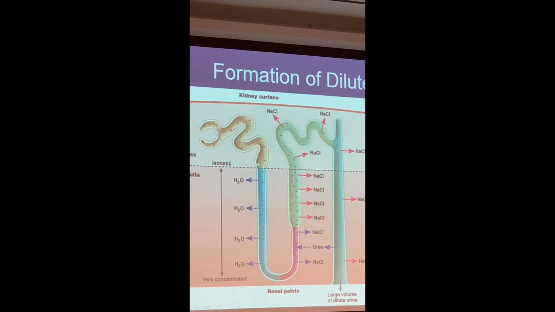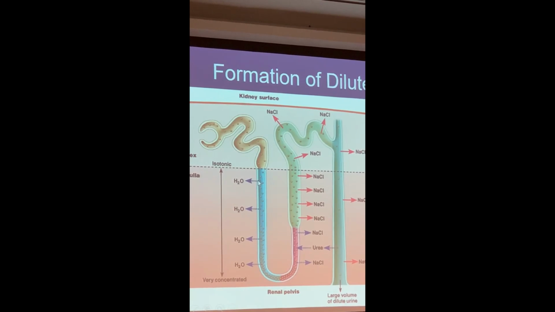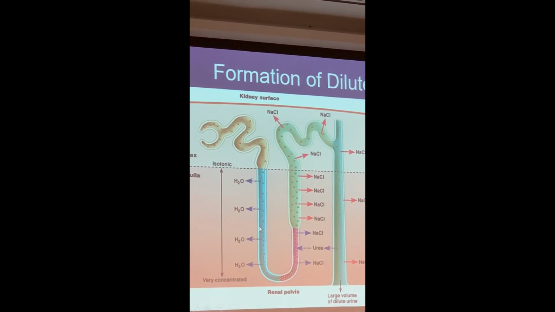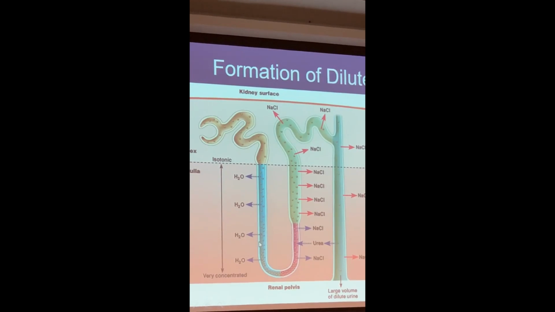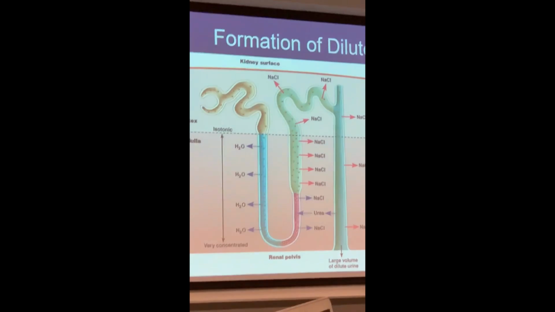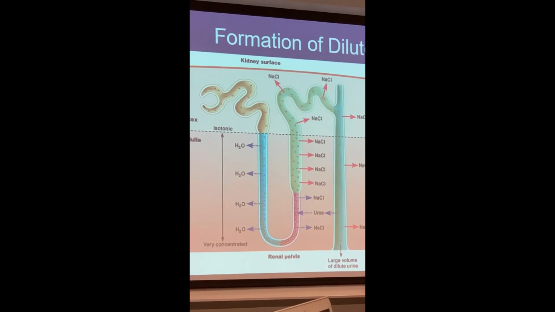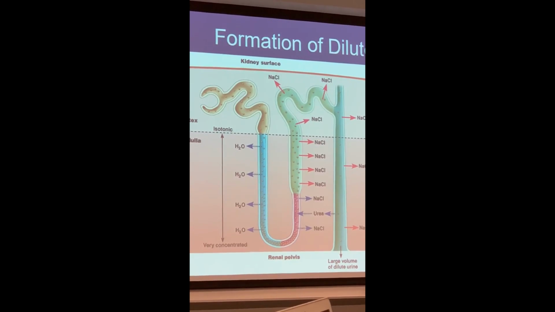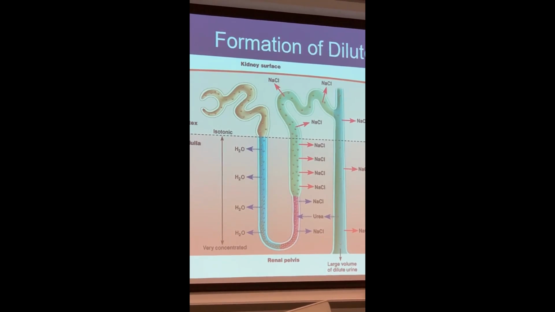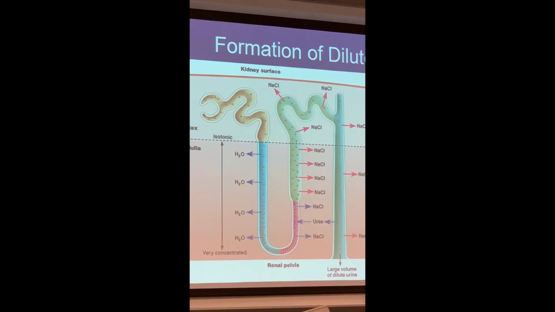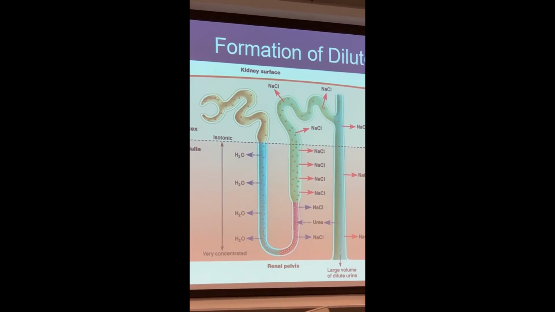As we begin to descend via the loop of Henle into that ever more concentrated tissue, what we note is that the only thing moving is water. Remember, this is the portion of the loop of Henle that has simple squamous epithelium because it's passive transport. The only thing we have in there, more or less, is aquaporins. So there's tons of aquaporins there, and as it flows down, the water moves by osmosis.